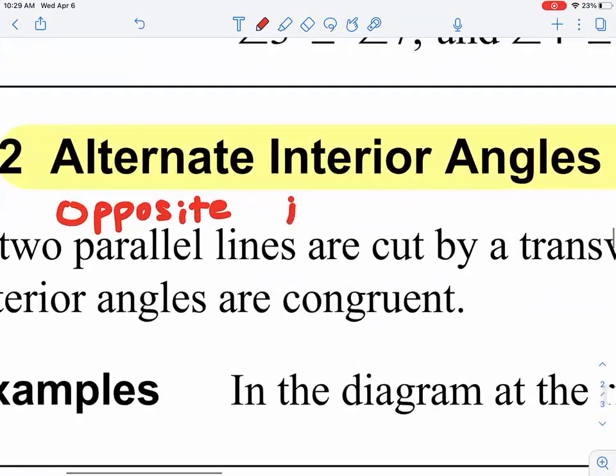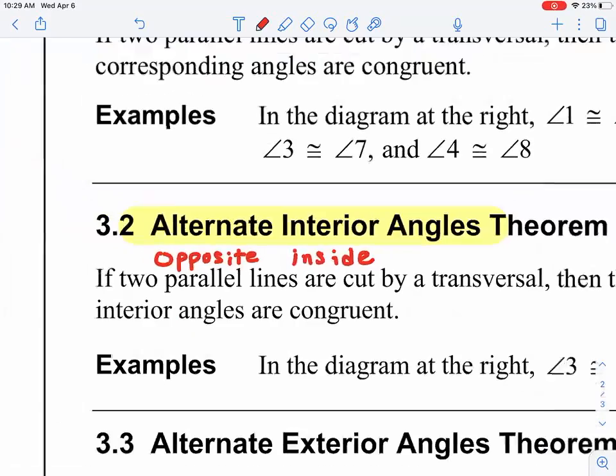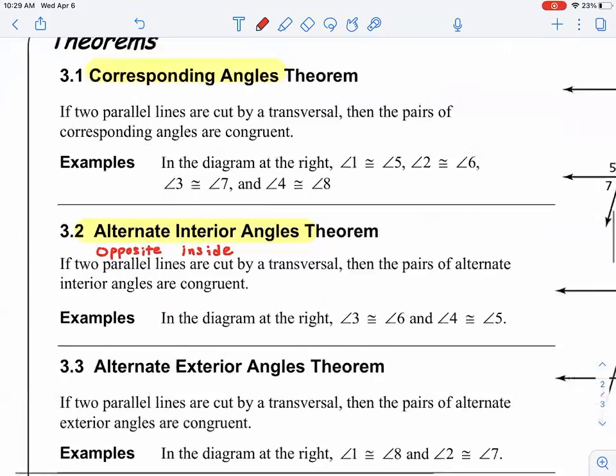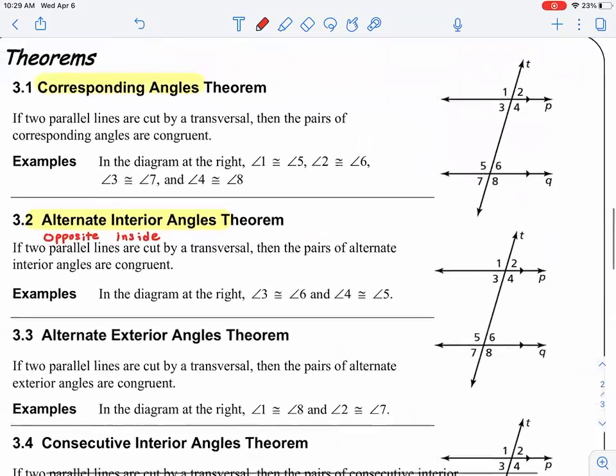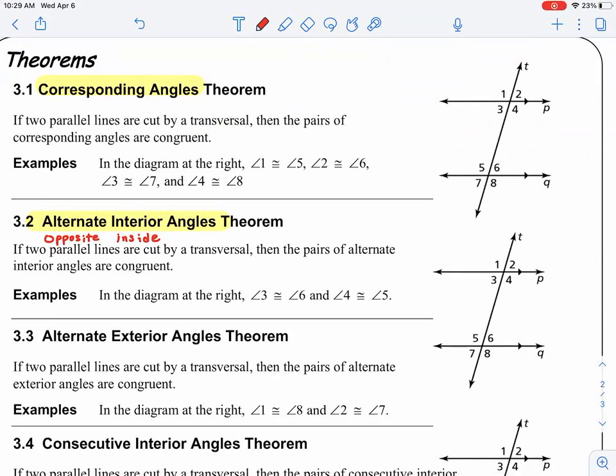And interior, of course, means inside. So alternate interior angles are on opposite sides and on the inside. I'll show you what I mean by that in just a second. They're on opposite sides and on the inside.